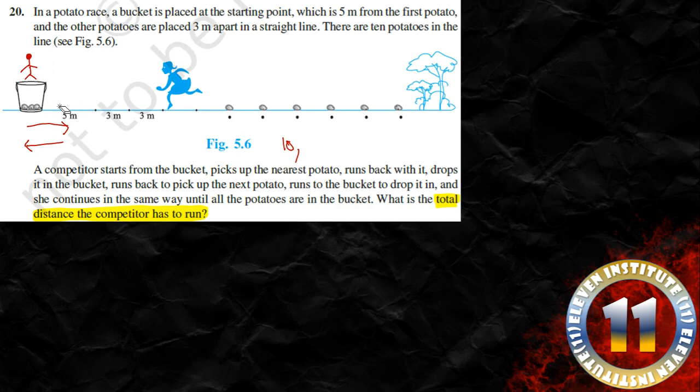Now the first potato is already collected. Again the competitor is present at the starting position. Now he will run from here to here because the second potato is present over here. Sorry, this was 5 meters actually. Consider this as 5 for going and 5 for coming back. So this was 10. Right. Now the second potato is present over here.